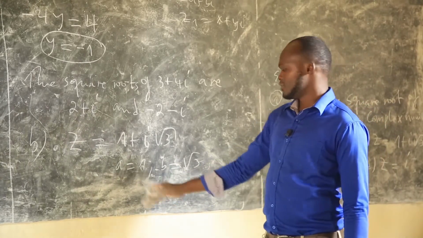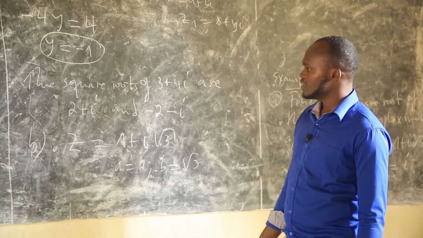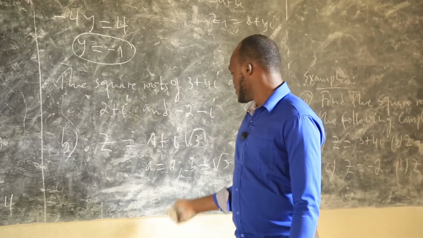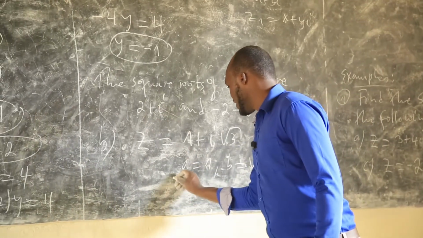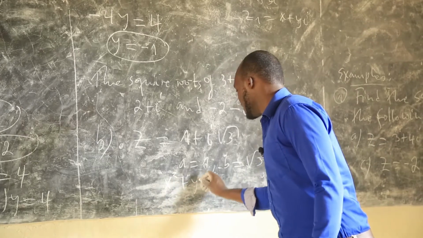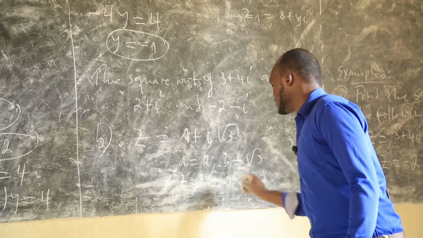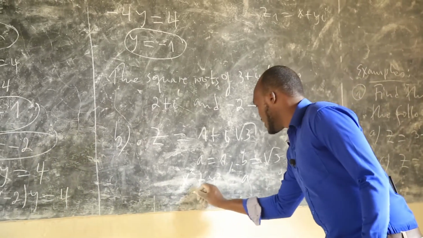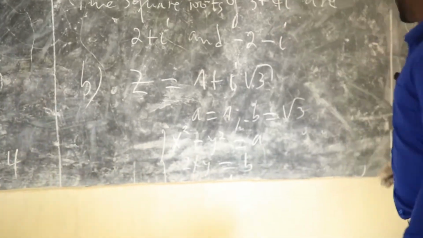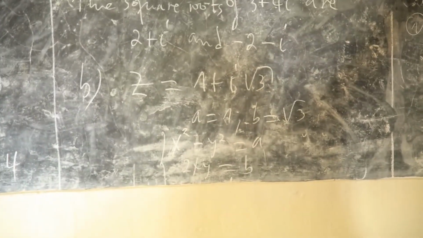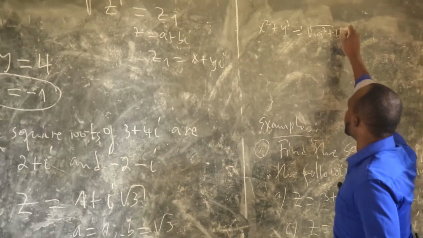Okay, so how can we do that? So we just use those three equations. X squared minus y squared equal to a. 2xy equal to b. And x squared plus y squared equal to the square root of a squared plus b squared.